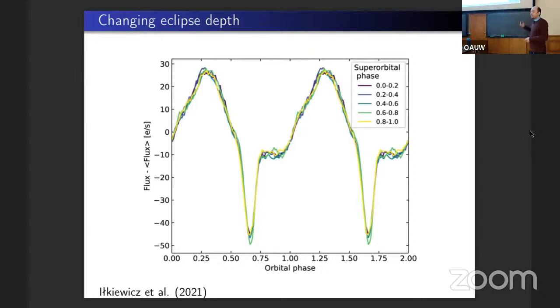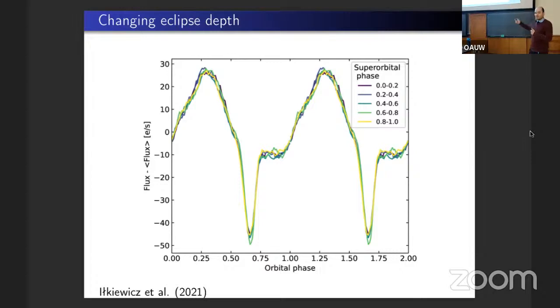So here is the same phase plot of orbital variability, but what is different now is that with color, I mark different superorbital phases. So each color corresponds to a different orientation of the accretion disk that was predicted by the theory that I was checking.